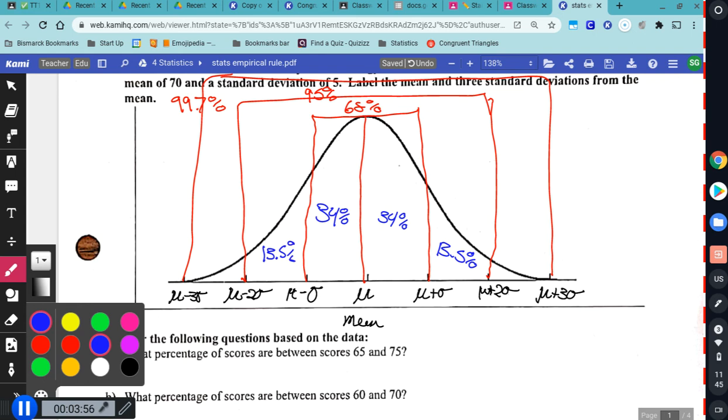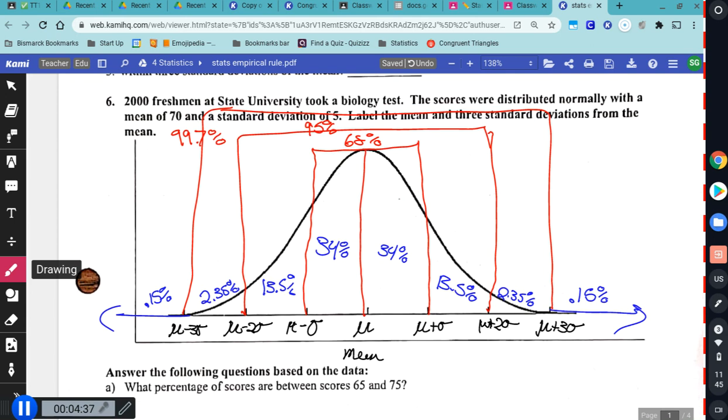It's 99.7, but we've already used 95 of that, so there are 2.35% left, 2.35% left, and then there are these tails that continue forever, and they're not empty. There is 0.15% of the population in the upper tail and 0.15% in the lower tail. So now if you add all 8 of these numbers, you will get 100% because we're accounting for everyone.